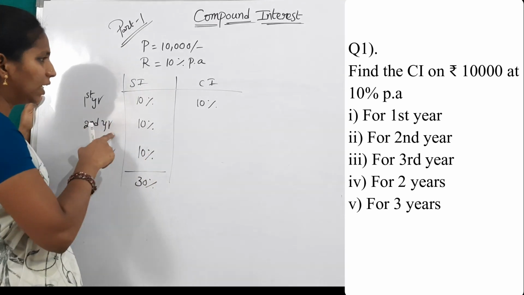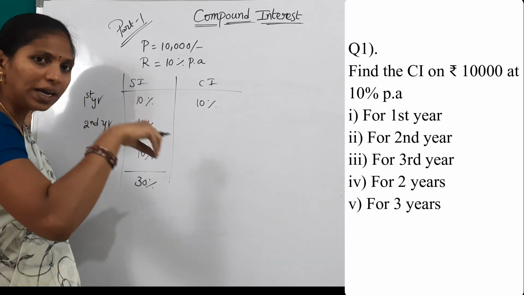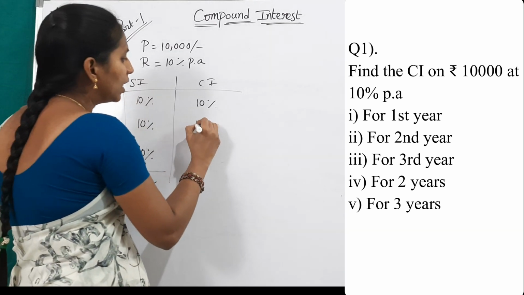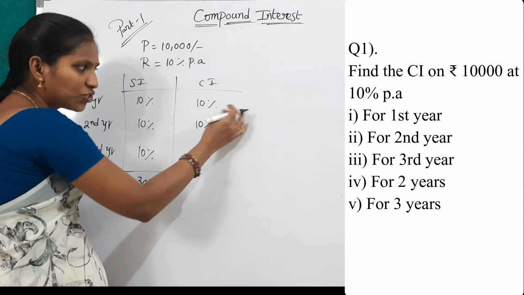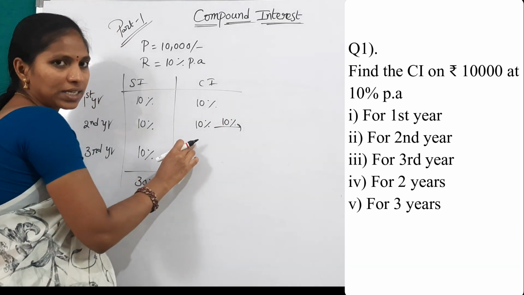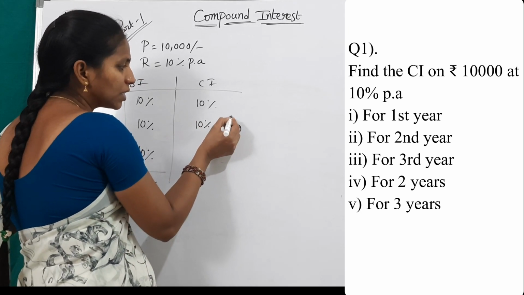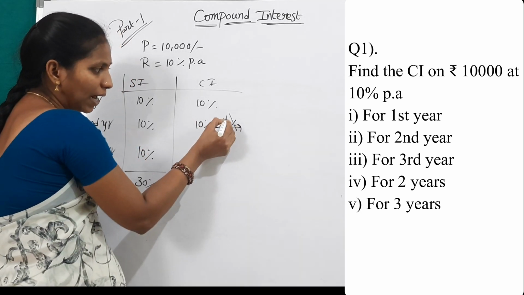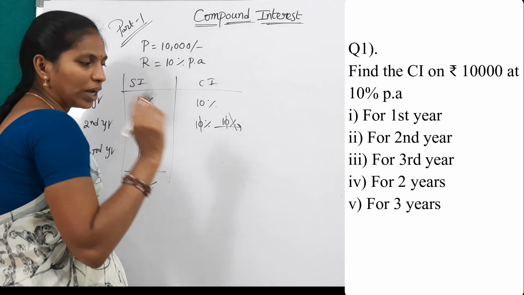Now coming to compound interest, the first year interest is the same, that is 10% only. But from the second year it changes, because interest is calculated on interest also. So here 10% of 10%. Interest is calculated on this interest. 10% of 10% means, the percent symbol stays and this 0 gets cancelled. 1 into 1 is 1.